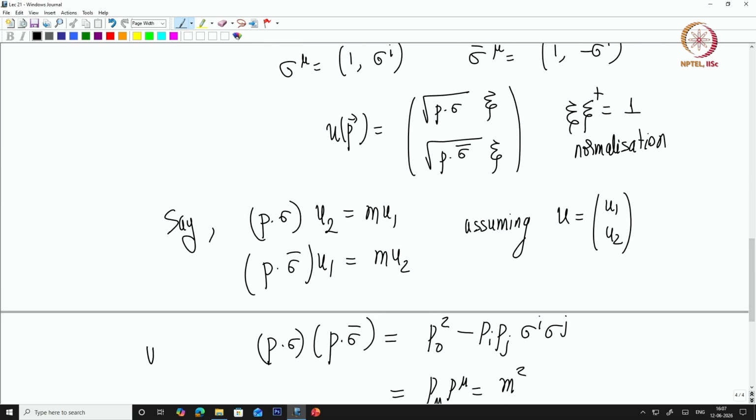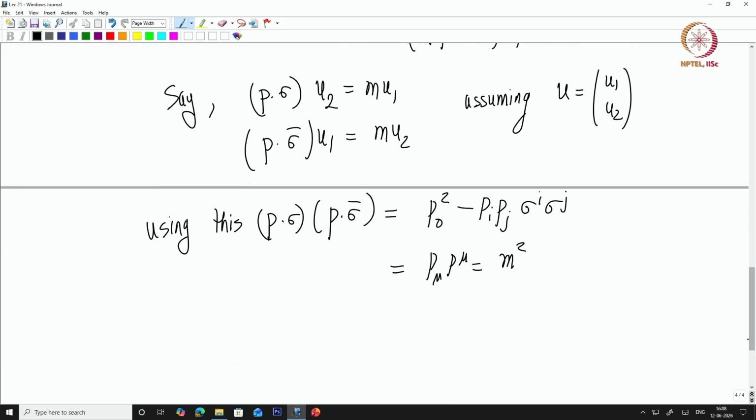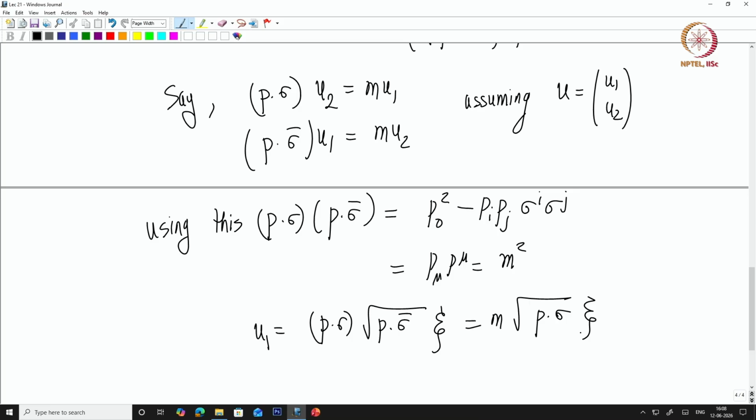Using this you will see that you will end up having the solutions that u1 is equal to root of P dot sigma, and with some xi it is equal to m root of P dot sigma bar xi.